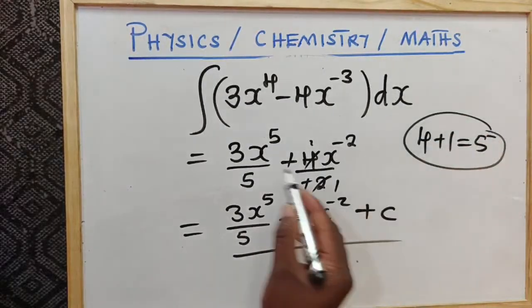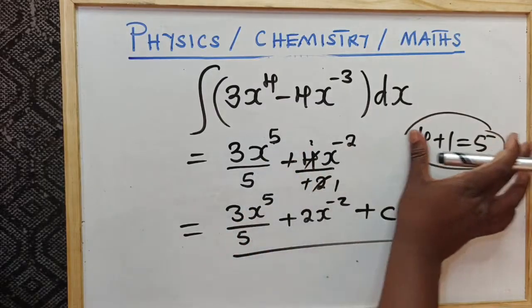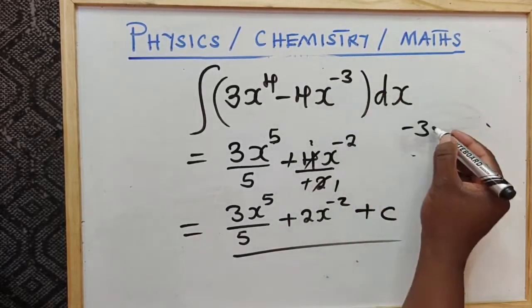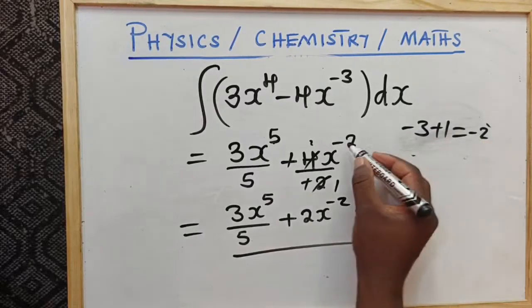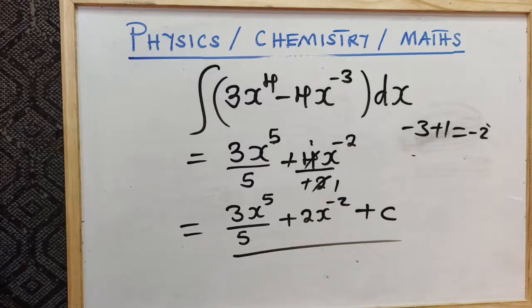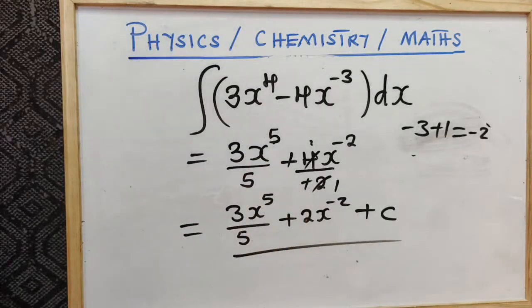And this 5 is what we wrote here and got this same 5 divided. So here, where there is a minus 3, power minus 3, you add a 1. So it will be minus 3 plus 1, it will be minus 2, which is right here. And get this, divide. So remember, integration, you always add a 1 to the power and divide by the new power. I hope this makes sense to you.